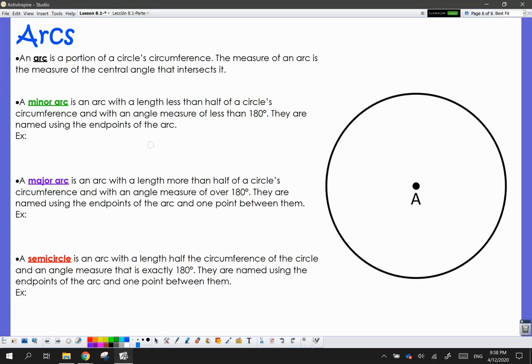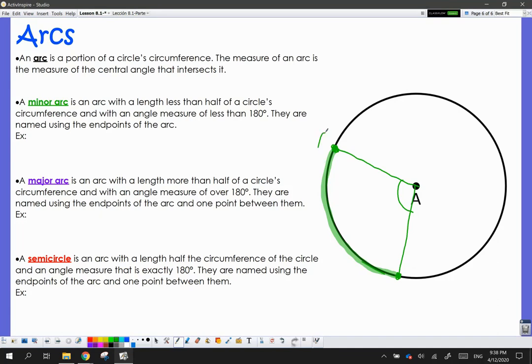They're named using the endpoints of the arc. So let's say I'm going to highlight this part of the circle, just like that. And I'm also going to draw a point here and connect it to the center, and draw a point here, connect it to the center. So we've created a central angle here, but we also have the arc coming out here.